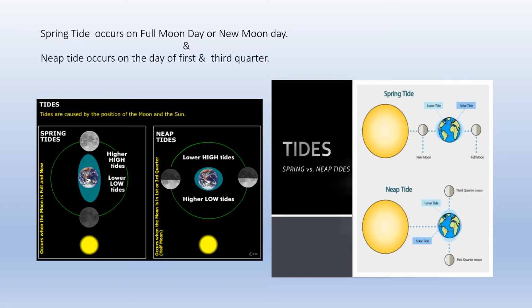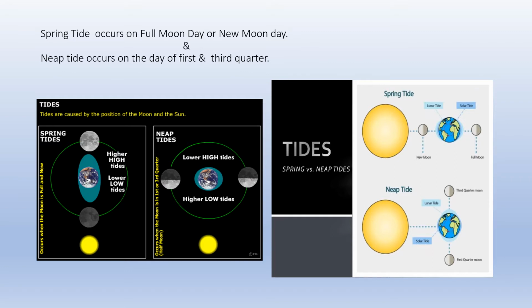The combined pull, the combined force, results in the high tide. The high tide is much higher and the low tide is lower in the case of spring tide. It occurs because the gravitational pull of the sun and the moon act jointly, causing the water level to rise.